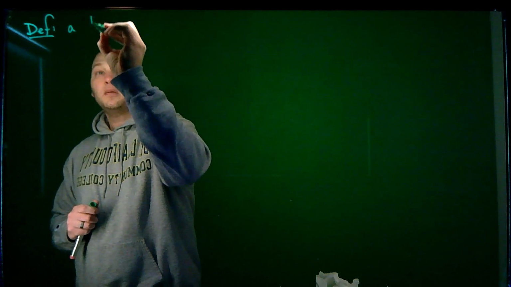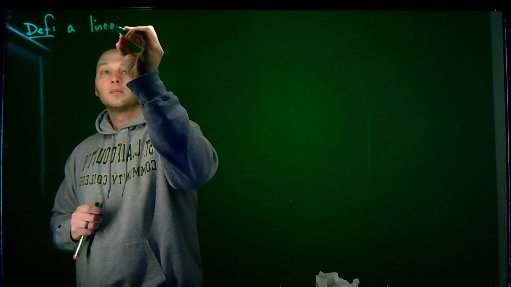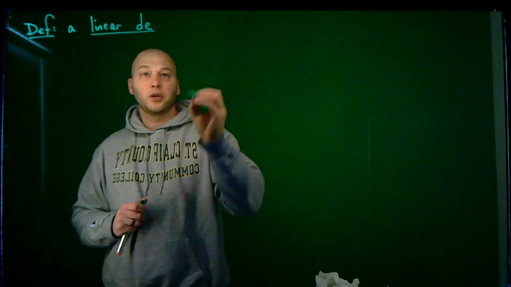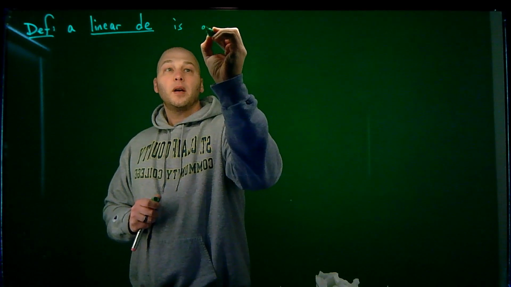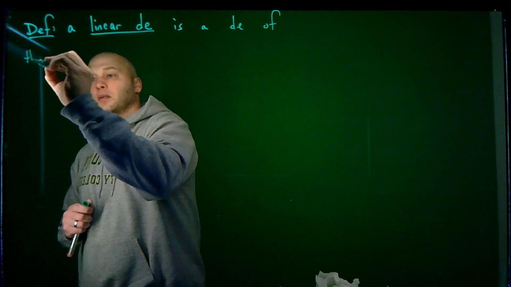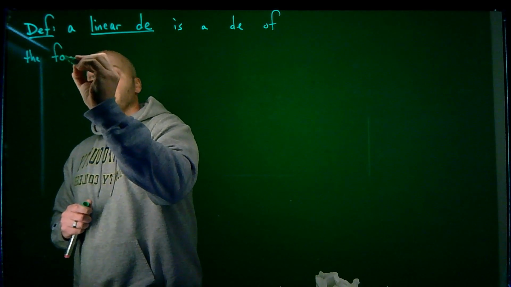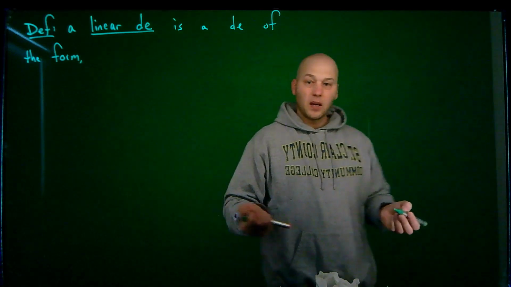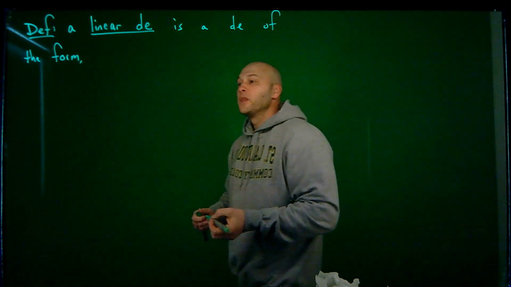A linear differential equation, so a linear DE, is a differential equation of the following form. And I'm going to write this as an ODE, but the same thing would apply to PDEs.